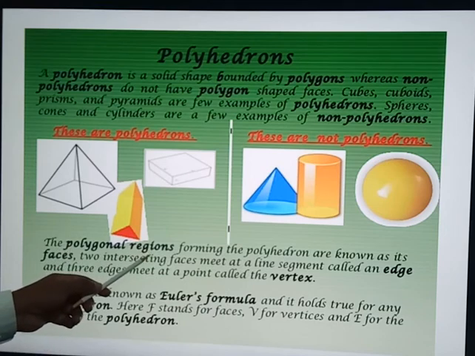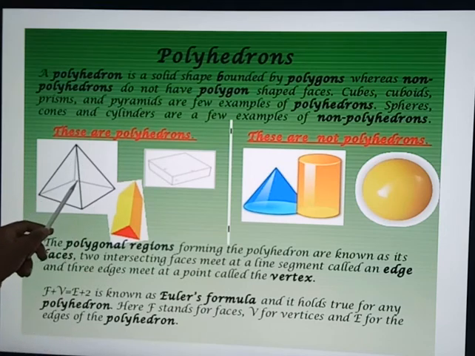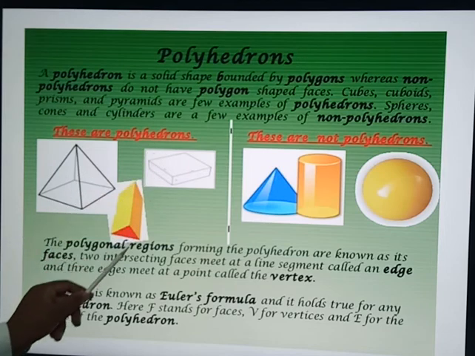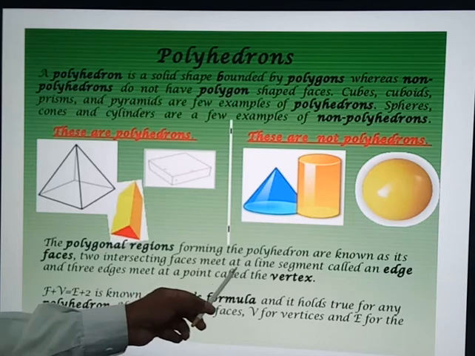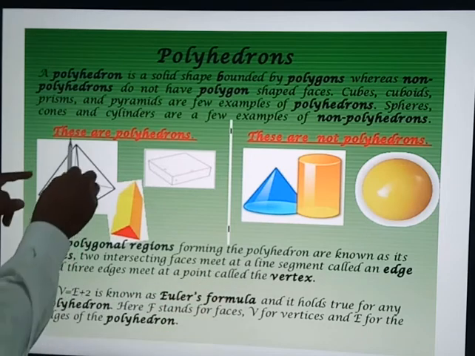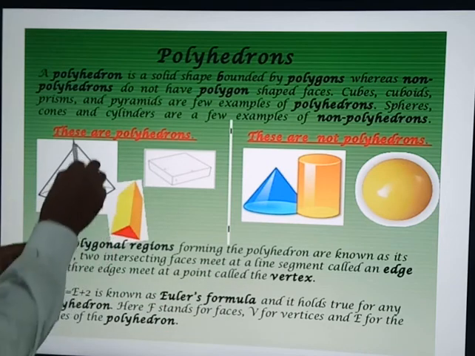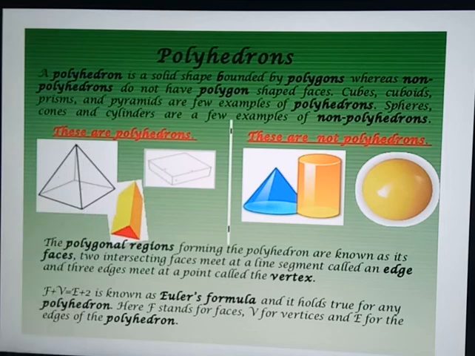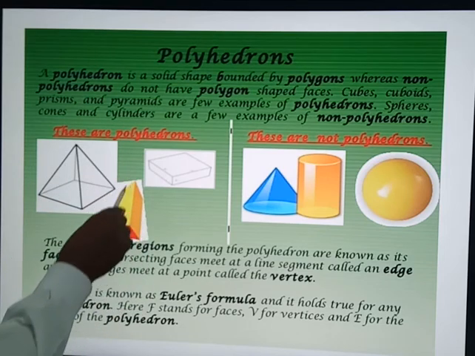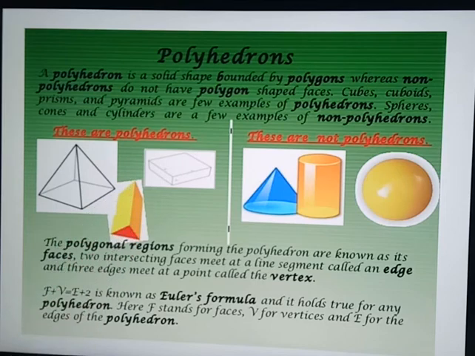The polygonal regions, you can see the triangular shapes, you can see the rectangular shape, we call them faces. And two intersecting faces meet at a line segment. One triangle, another triangle meet at one line segment, that is called an edge. Here look at this rectangle, another rectangle meets at an edge.